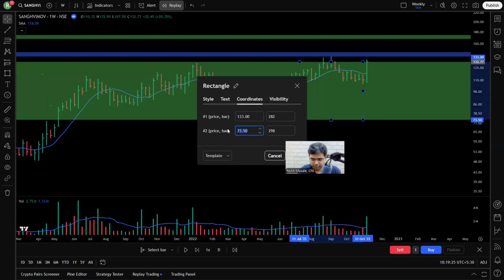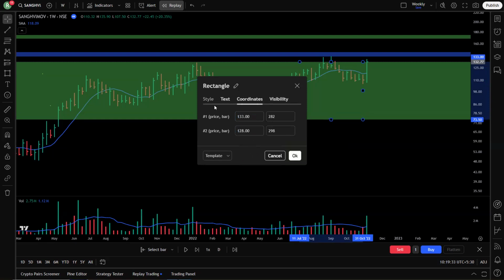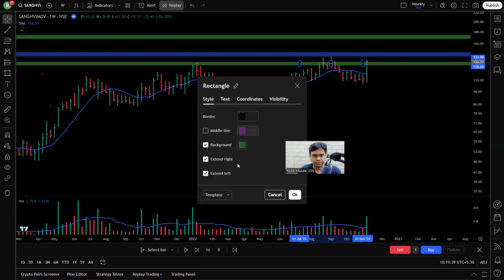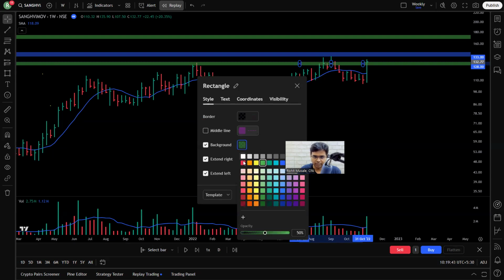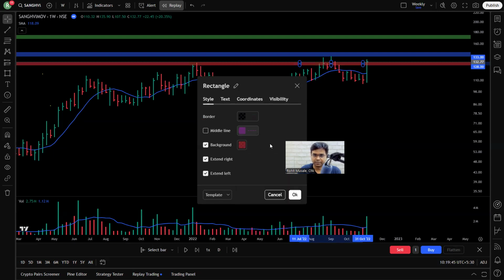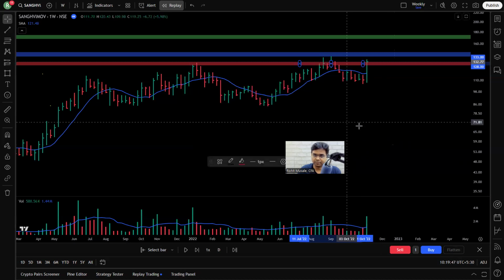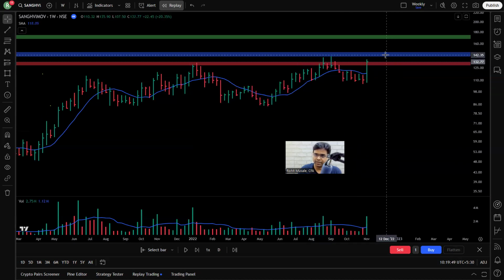So 140 multiplied by 0.92, which is 128. And sorry, what happened here? And style will be, I hope you can see the screen share. Style will be this thing. Okay. So buying range, stop loss range, and the selling range.